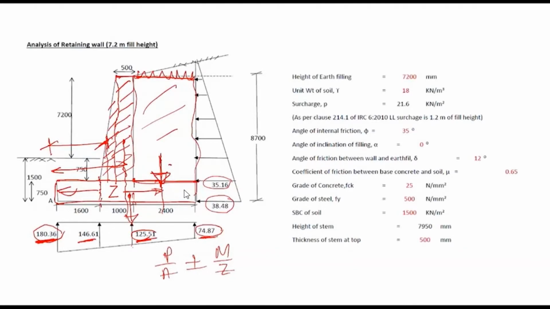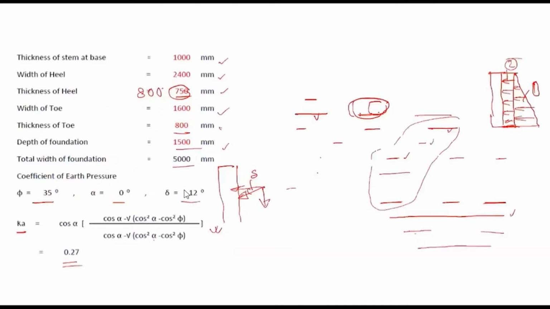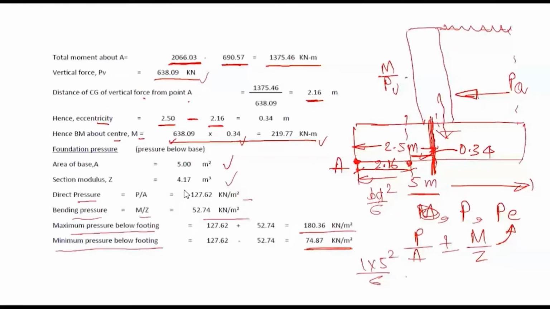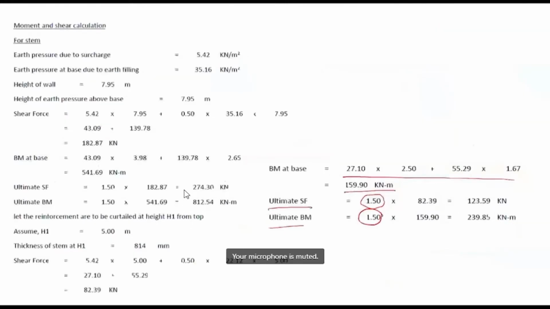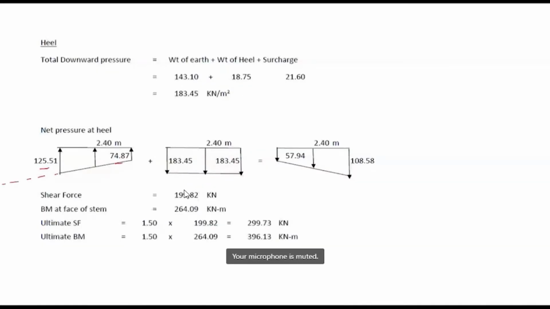So the distribution was like this. These are the distribution of base pressure.